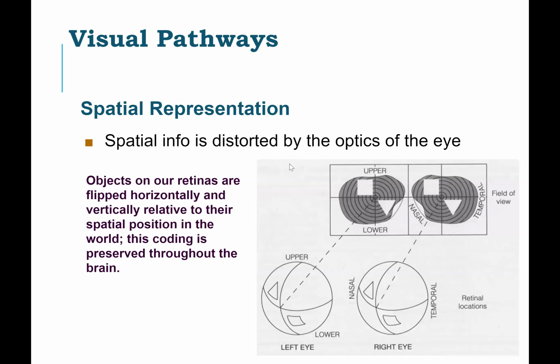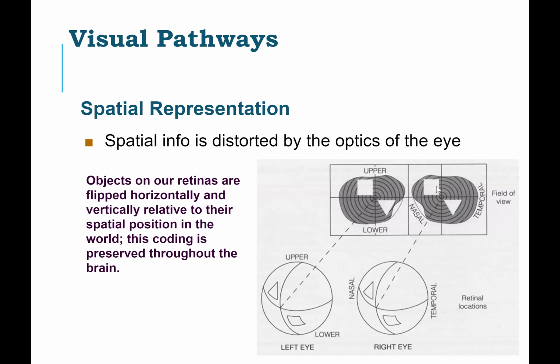So let's say you're looking at this figure. This is the right eye, this is the left eye. If I'm looking at this figure where there is a square and a triangle, and this is the fixation point right at the center, what would happen? Well, I said that the visual input is flipped horizontally and vertically, right?